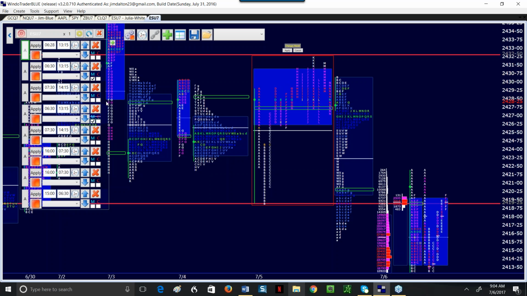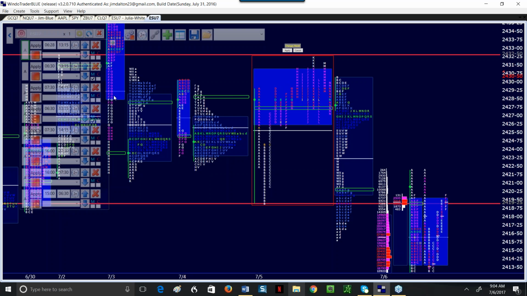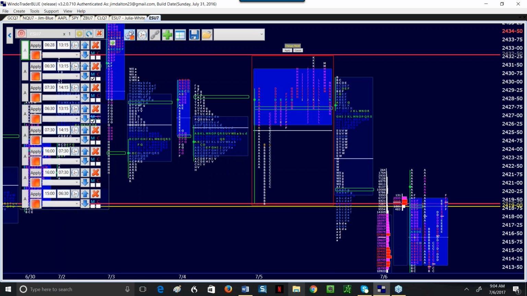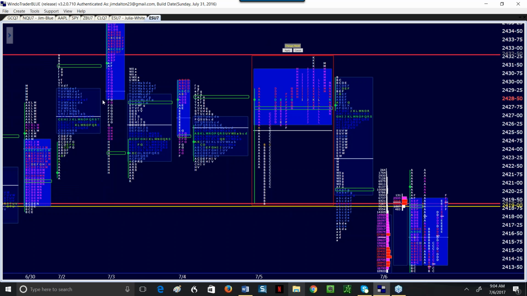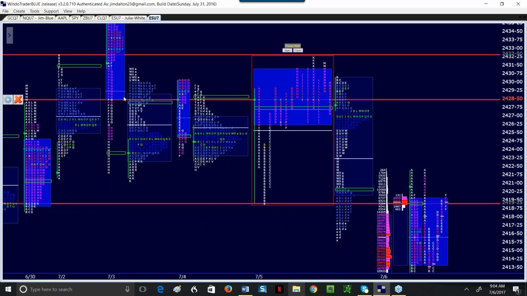The last value area we were using was Monday. I'm going to mark the low of Monday's value area. It's the red line right across here at 24.2850. As the market was rallying, we got the P formation.